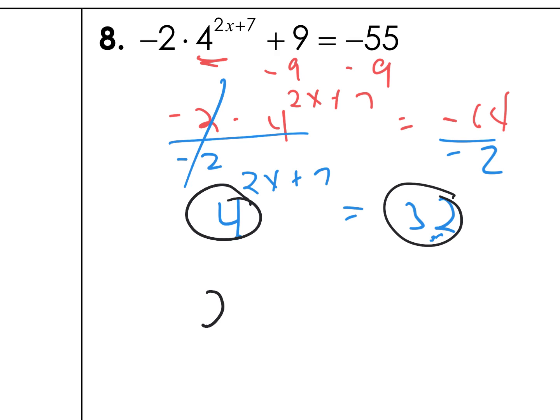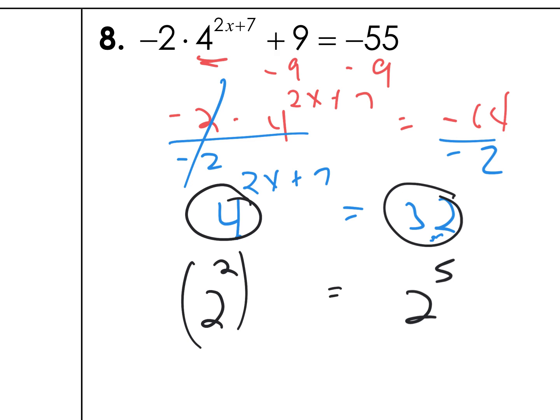It's 2 to the power of 2. And 2 to the power of 5. And I really respect the fact that she tried the 4. I would have tried the 4 as well. It just so happened 4 to the 4 was too big and 4 to the 3 was too small.